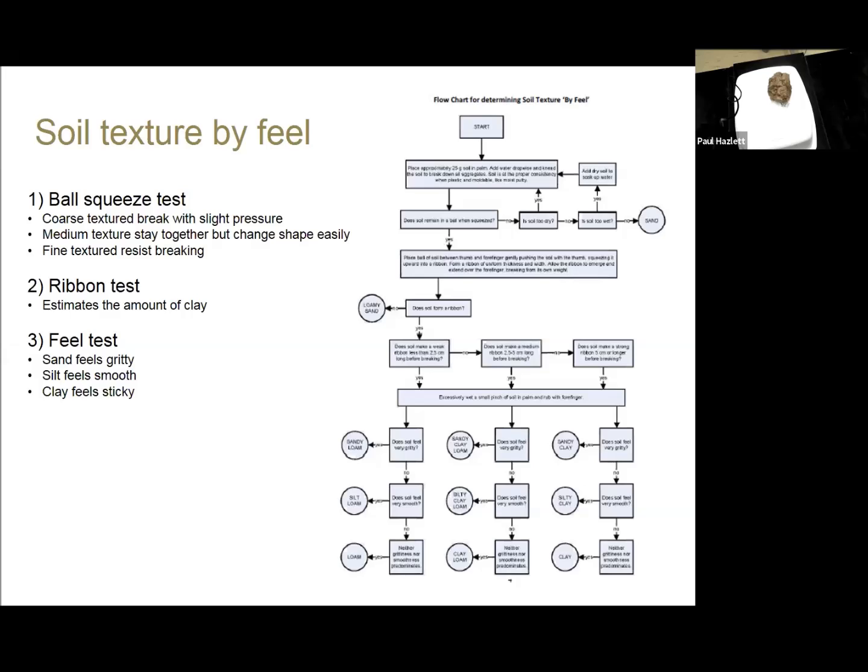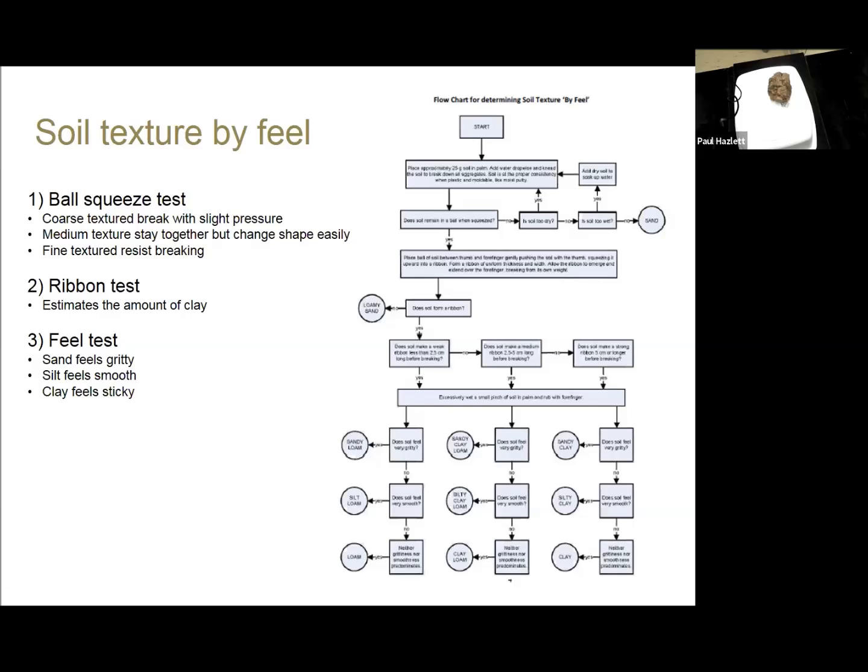The next step is to take that ball and form a ribbon with it. Again, the ribbon test helps to estimate the amount of clay in a sample. If you can't make a ribbon, but you can make a ball, then you can see on the left-hand side of this key, we identify that as a loamy sand.